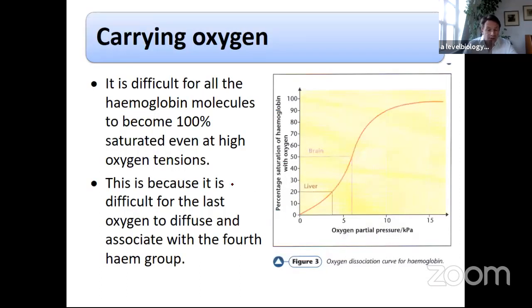Now, it's difficult for all of the hemoglobin molecules to become 100% saturated because there isn't much of a diffusion gradient for the oxygen to associate with the final, 4th heme group. So we see saturations of around 96, 98% when you've got 12 kilopascals partial pressure that you'd have in the lungs.